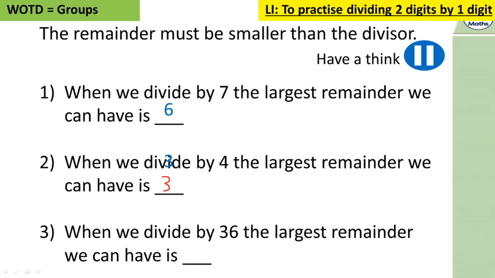Because if the remainder was 4, you could share it equally into 4 groups, and you wouldn't have any remainders. So the largest one is 3. When we divide by 36, the largest remainder is 35, because if the remainder was 36, it would go into a group of 36.